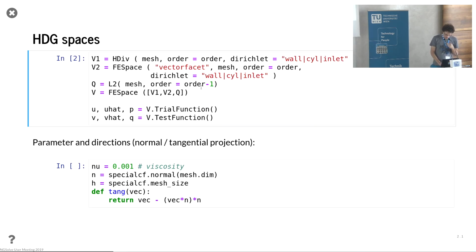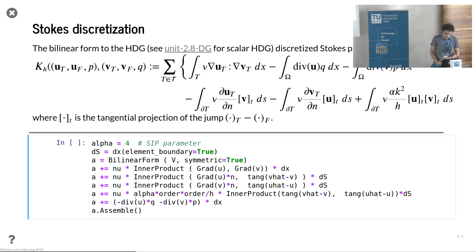We also have here the tangential projection involved, which is just on every facet subtracting the normal components, which we'll need in the formulation. So what you see here is now the formulation of the viscosity and the divergence constraints put in one bilinear form.